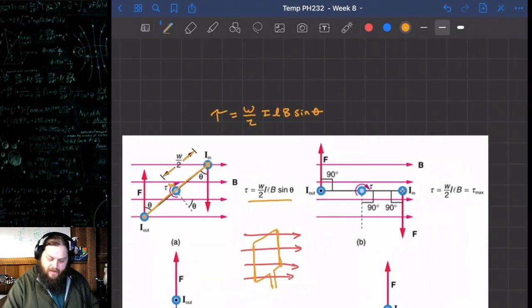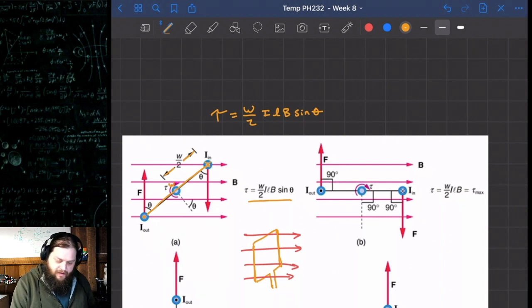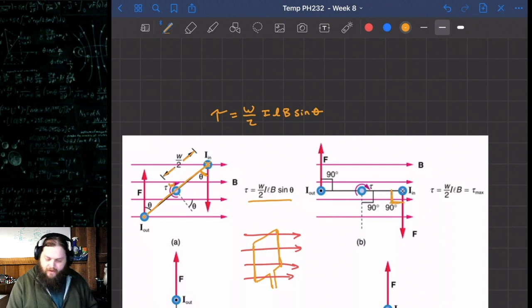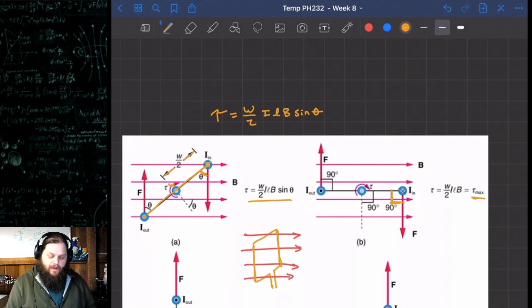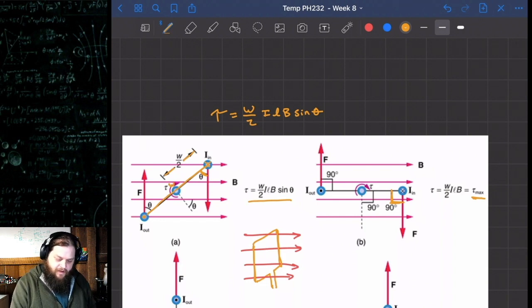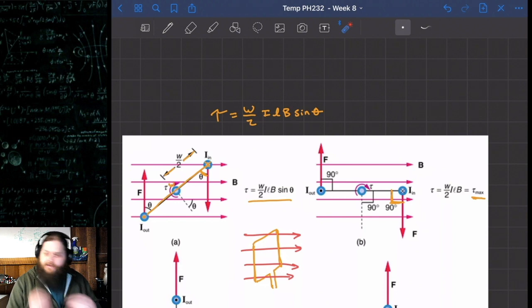We can see as it rotates around, it's going to have different values of torque, because this angle between the arm and the force is going to change. At this point, it's going to be at its maximum, because we have a 90-degree angle between those two. So it's going to be pulling down on those two posts the most at that point, and have the most torque there. When it's 45 degrees, like it was over in this first one, it's still going to have torque. It's just going to be a lot less torque.